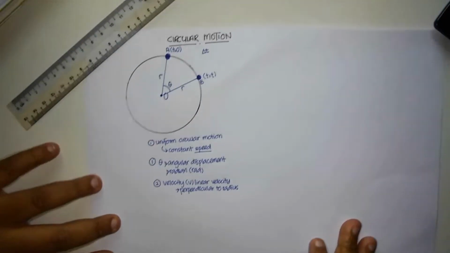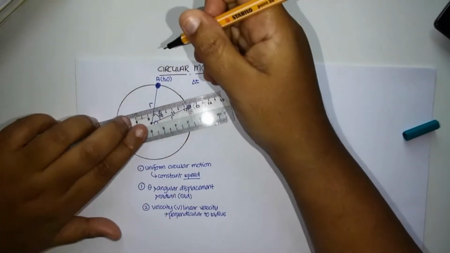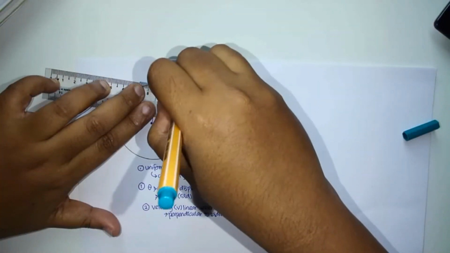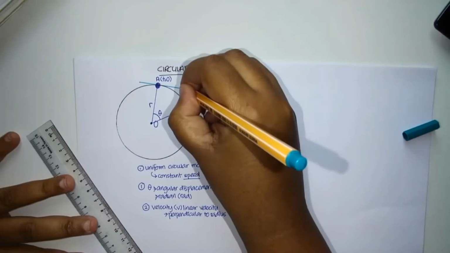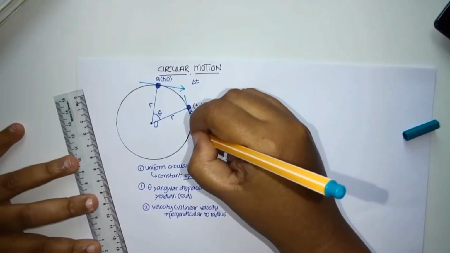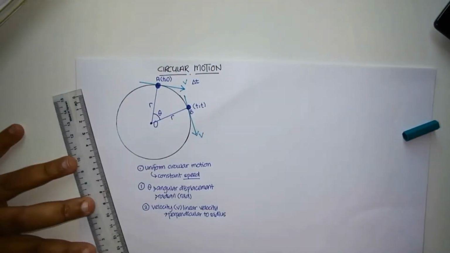So if I draw in this diagram, the linear velocity will be perpendicular to the radius, so it will be in this direction. So this will be v, this will be theta.